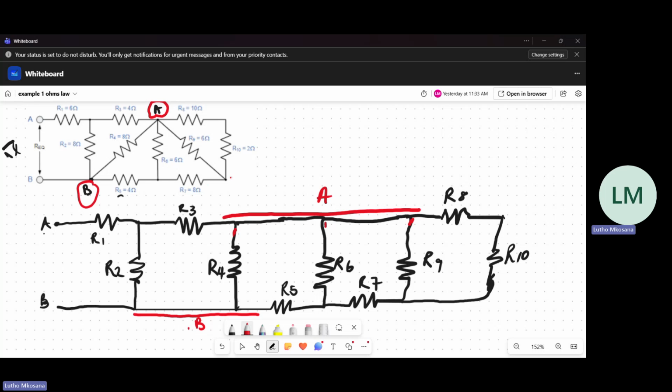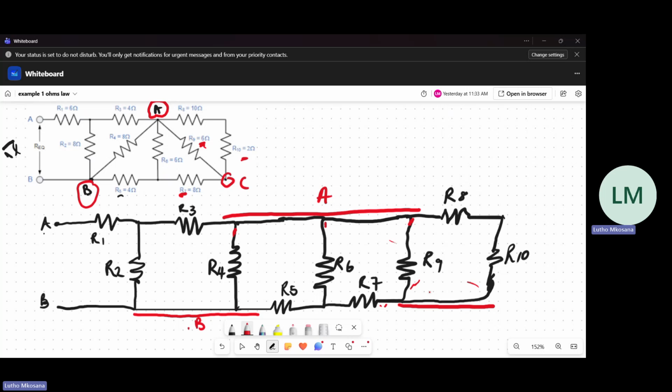If we have this, let's say this is C. C would then connect R7, R9, and R10. There it is, R7, R9, and R10. They are still connected to the same point.